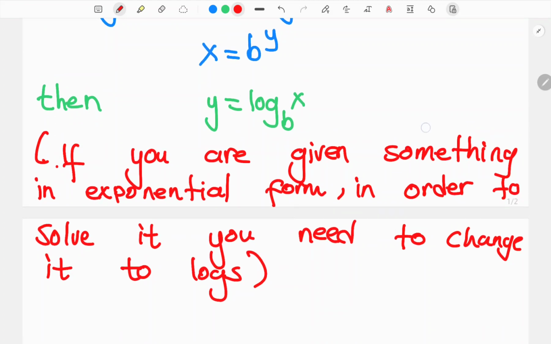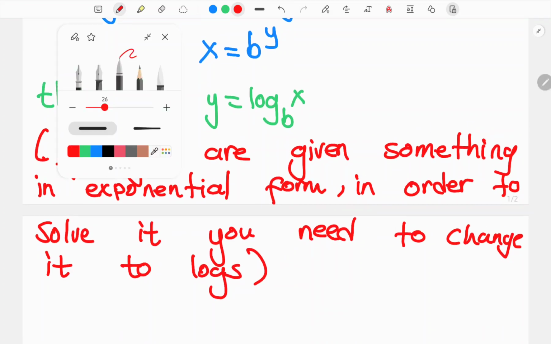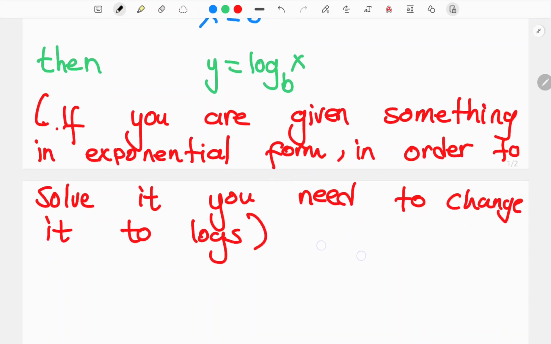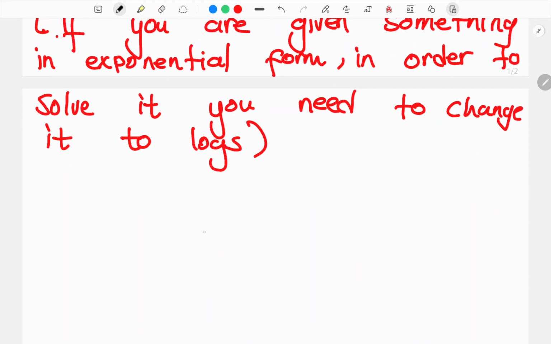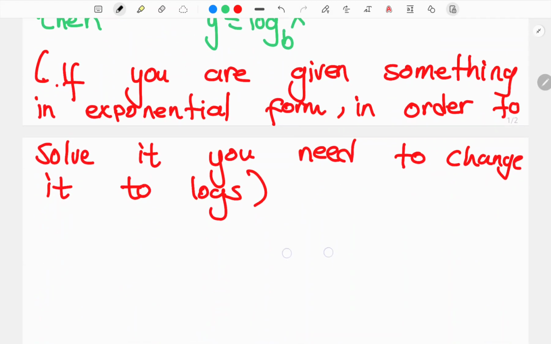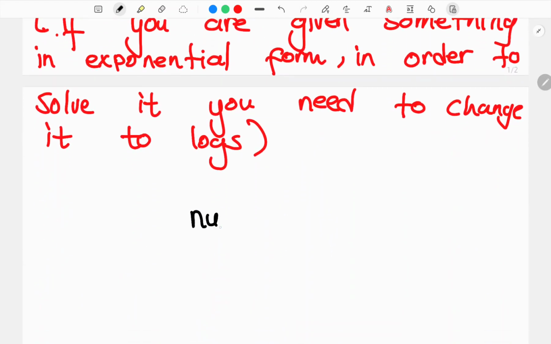Let me give you another form of how you could change this, because it's very important to understand. You have a number equals a base with an exponent.